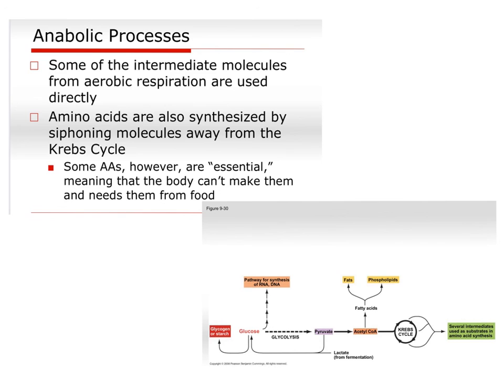Finally, I mentioned also that this is the baseline process that we use to produce other biochemicals. So you can actually use this for anabolism, not just catabolism. And what this is showing you is you can actually siphon off some intermediate molecules at various points to produce other things.